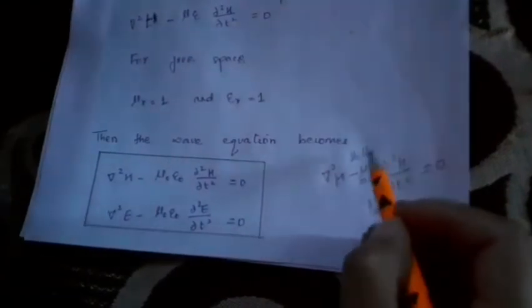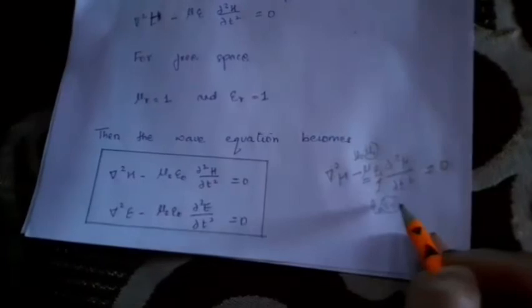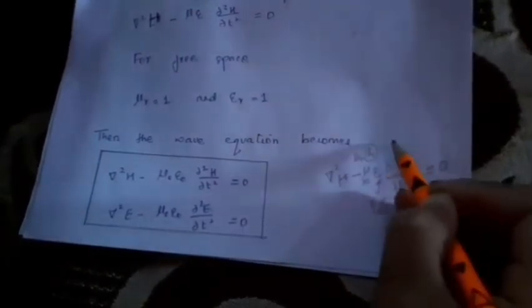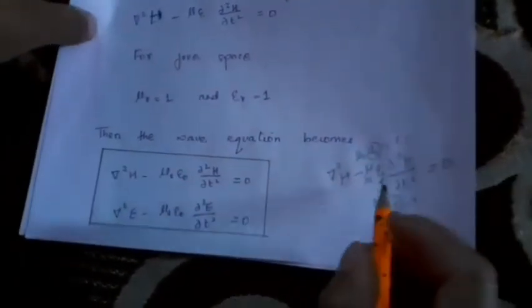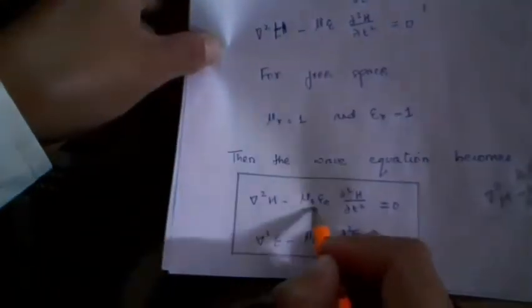As we all know, epsilon r and mu r are both 1. So we can write the term as mu naught epsilon naught.